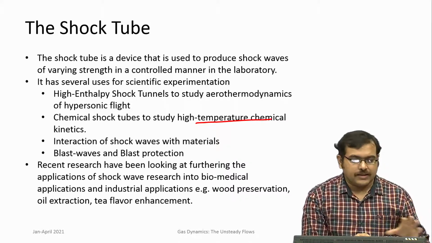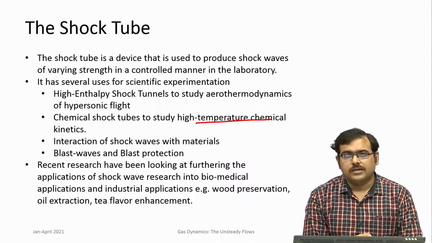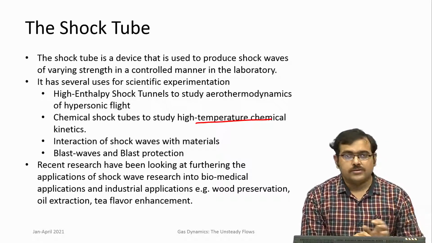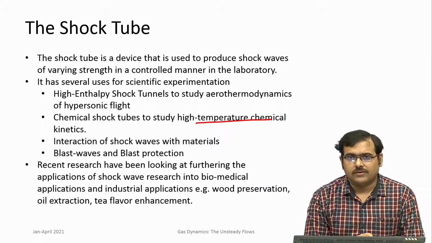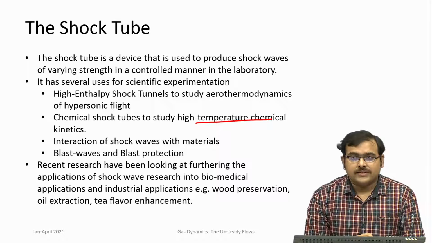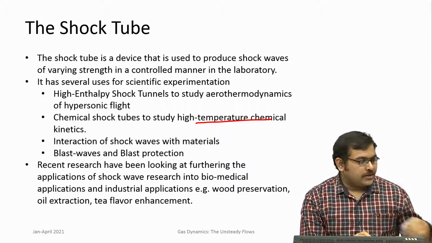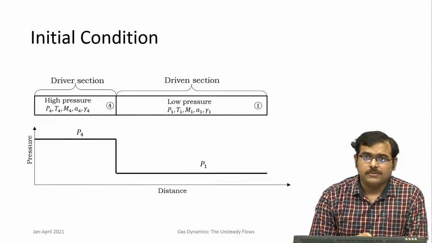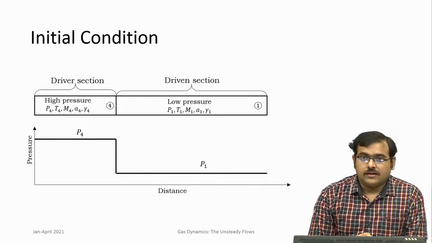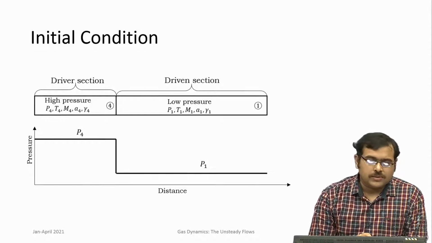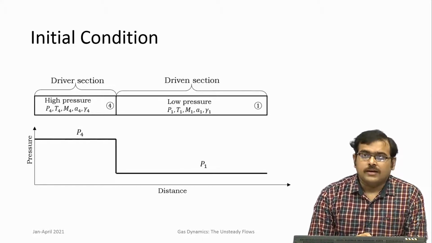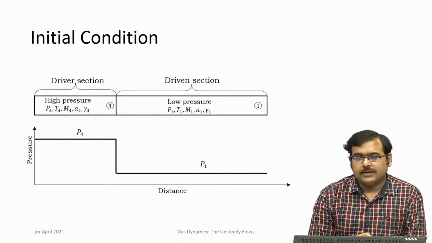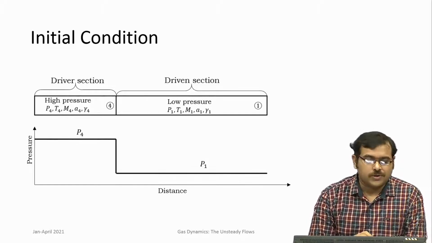That device, the shock tube problem, is also significant in the context of validating numerical schemes for compressible flow, because in the perfect gas domain the shock tube problem is an unsteady problem which can be solved analytically and exactly for the ideal shock tube.